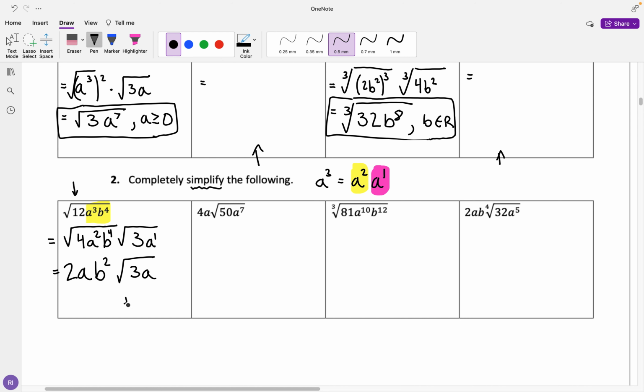And then I state my restriction. Honestly, for this one, yeah, the restrictions, anytime there's two variables, it's getting to be a little bit strange.